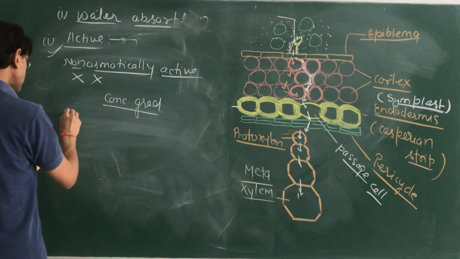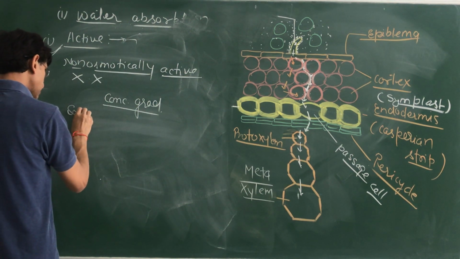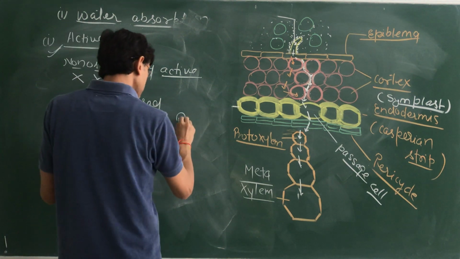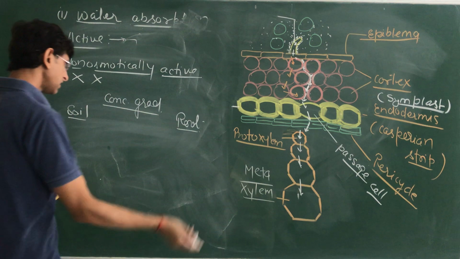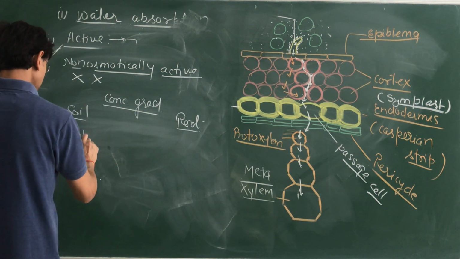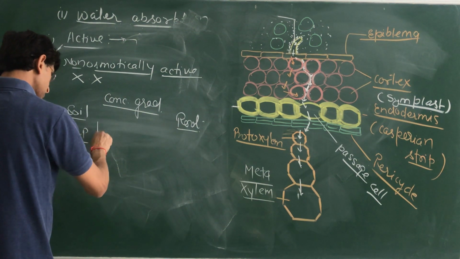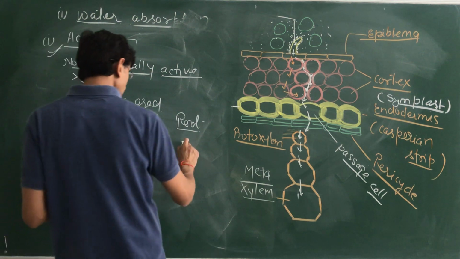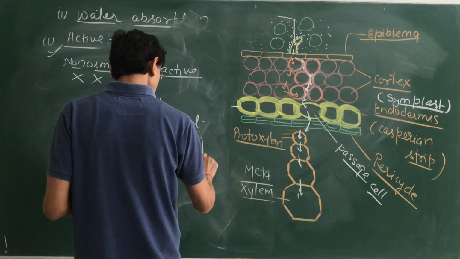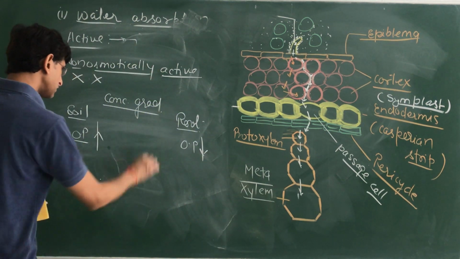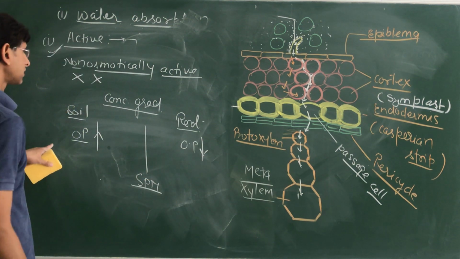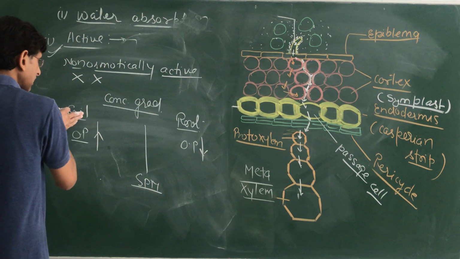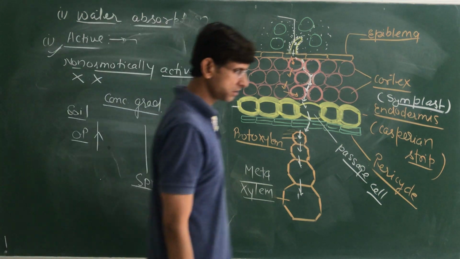Why? Because the soil solution and root cells have inverse concentration gradient. Now the solute concentration is higher in soil while lesser in roots. So through the semi-permeable membrane, the movement of water by osmosis cannot occur in this direction from soil to root.